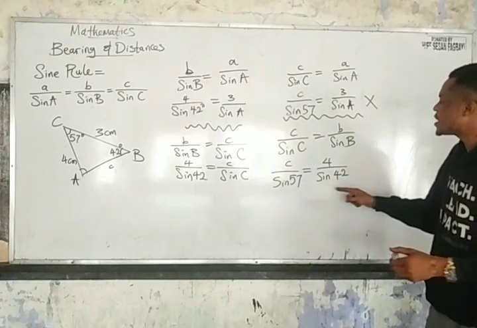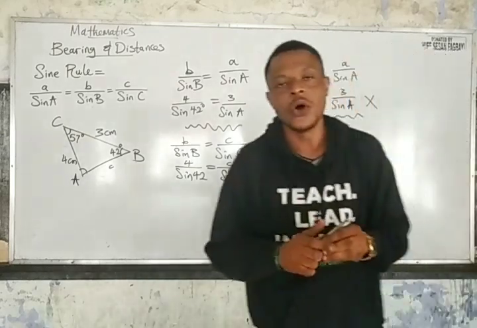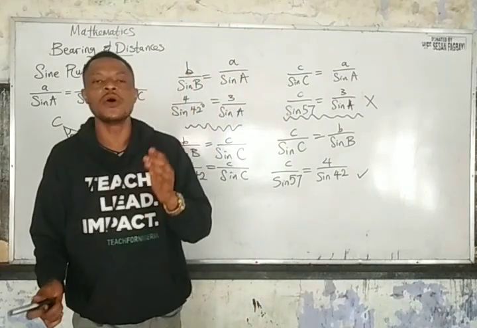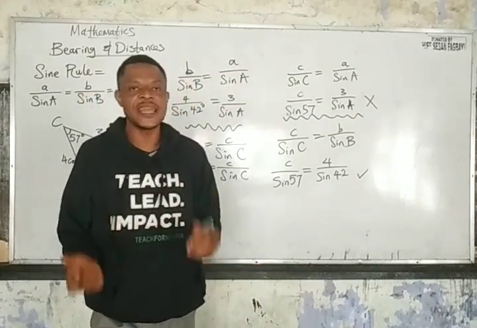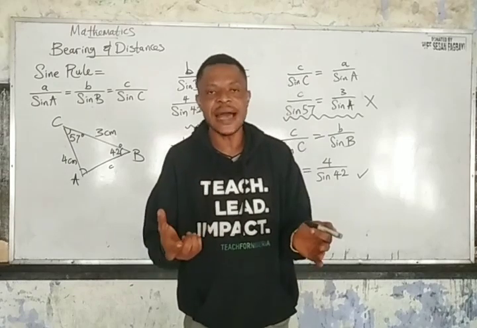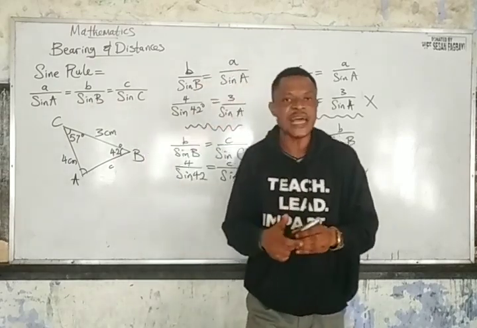Here we have 57, 42, 4, but only C to be unknown. So this will work. So it depends on the kind of triangle you've generated from the question given for bearing and distances that will determine the kind of formula you are going to apply from the sine rule.